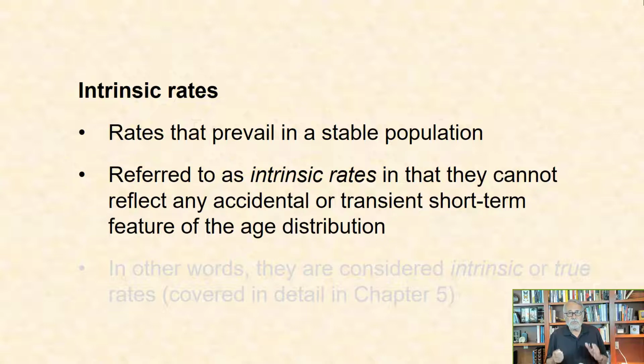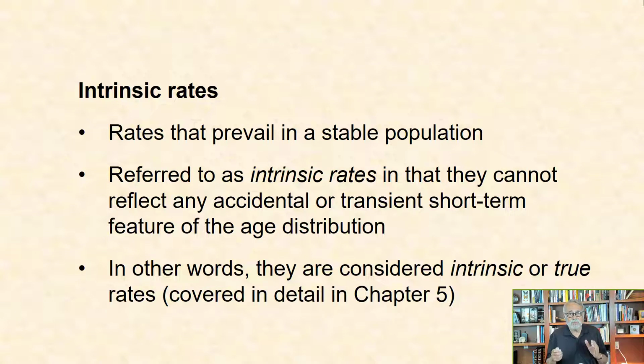These are referred to as intrinsic rates in that they cannot reflect any accidental or transient short-term feature of the age distribution. In other words, they are considered intrinsic or true rates. I will cover this in more detail when we get to Chapter 5 on stable population theory. This completes the last module of this first chapter of biodemography.